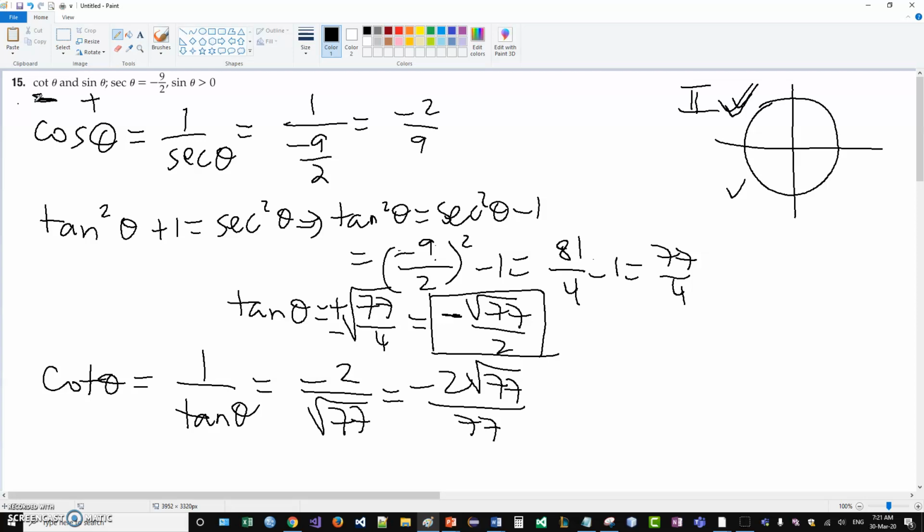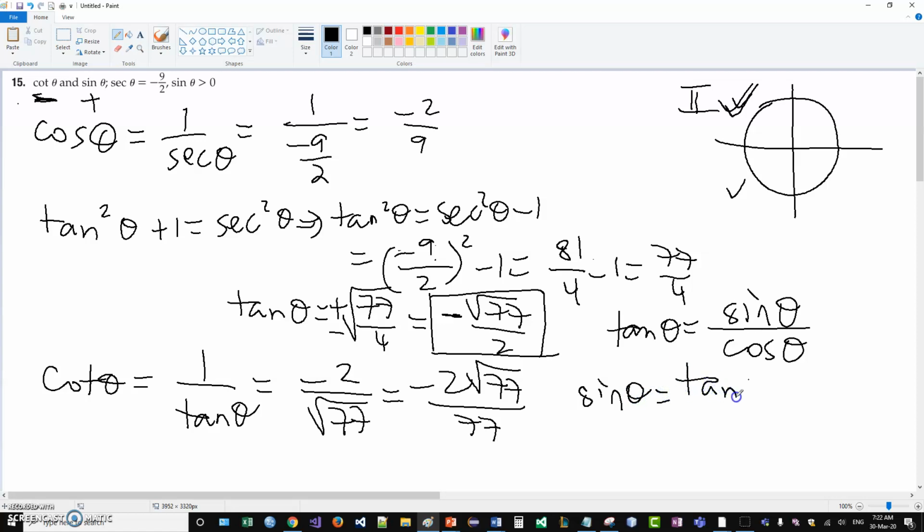Now, tangent theta equals sine theta over cosine theta. Alright, that means sine theta equals tangent theta times cosine theta equals tangent, we just found that, minus square root of 77 over 2 times cosine, minus 2 over 9.